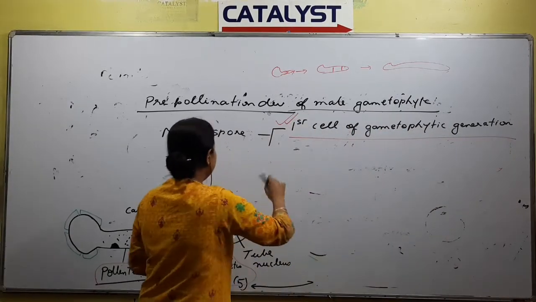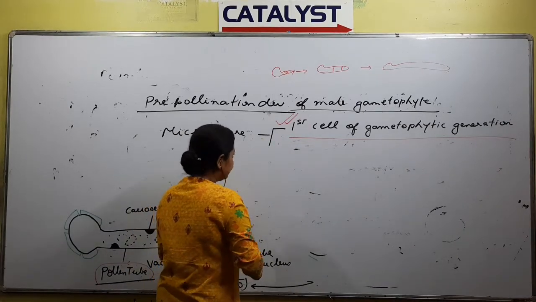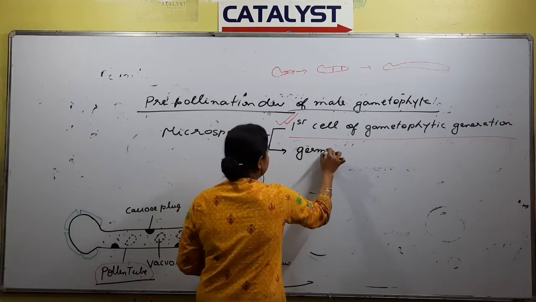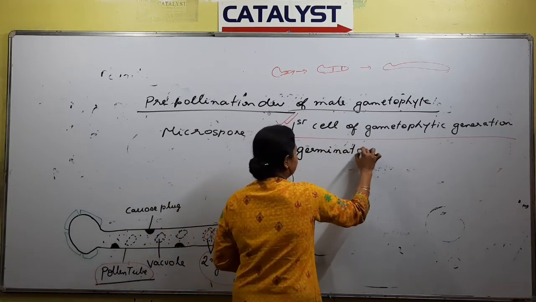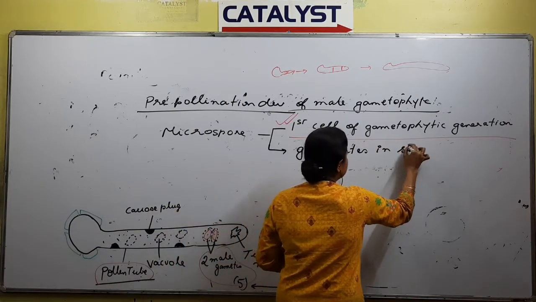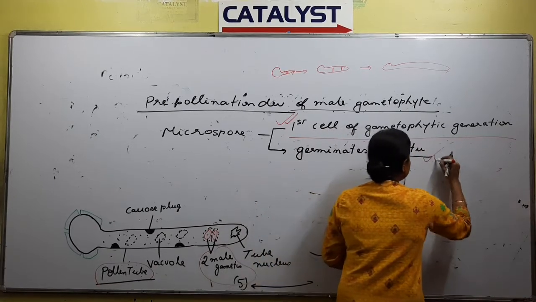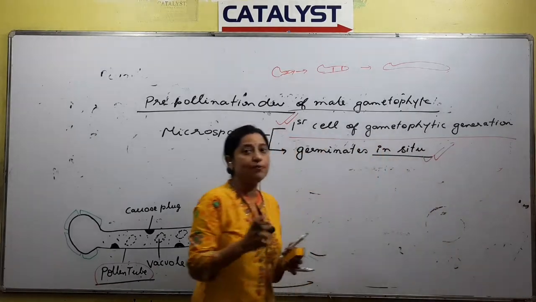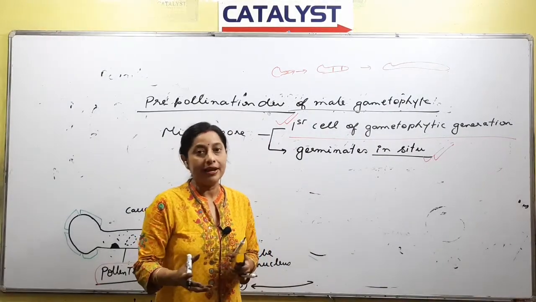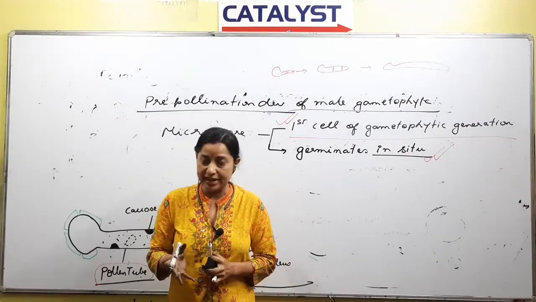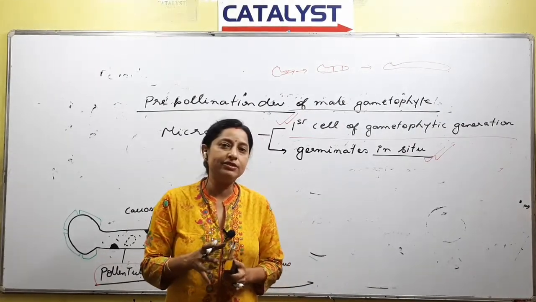Next information is that they germinate in situ. We have seen that microspores germinate while inside the microsporangium, right? If they germinated outside the microsporangium, we would have used the word ex situ.